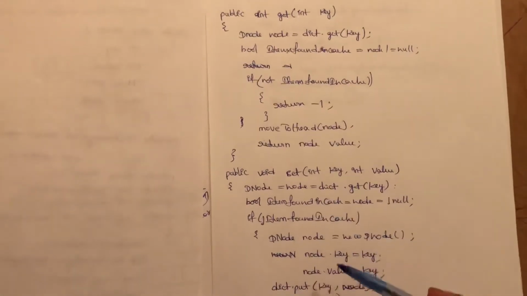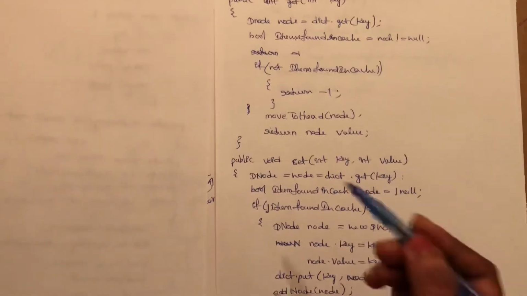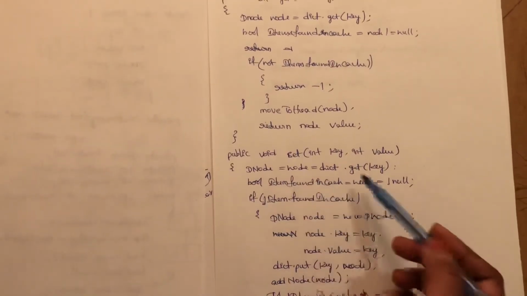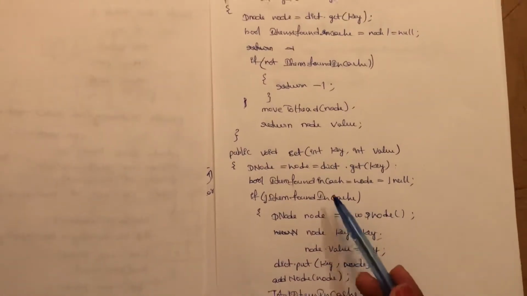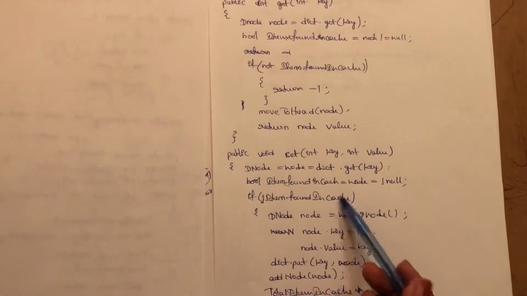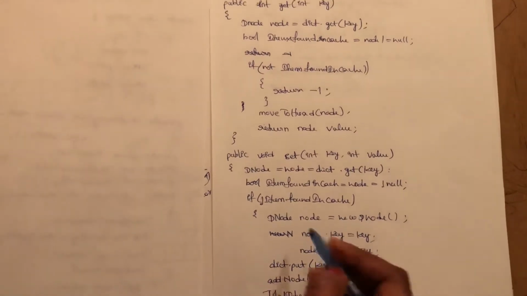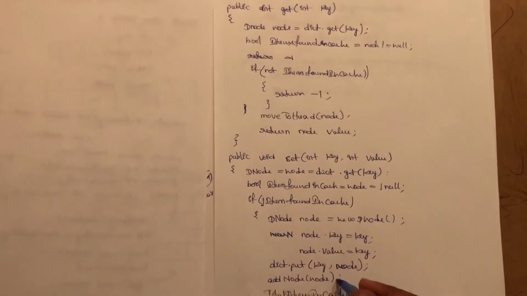In the set method, we are allocating the nodes into memory. So for that, we check if there is space or not. If the item is not there, then only we push that element into the bucket.